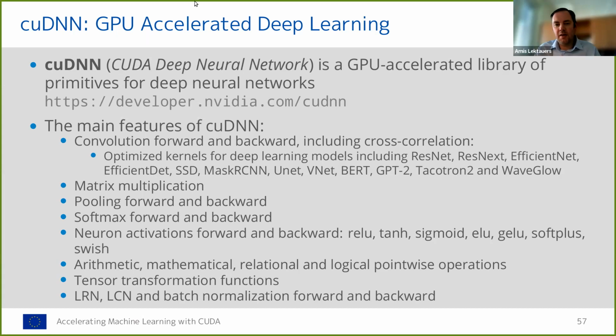So practically, typical building blocks for convolutional neural networks are built into cuDNN, and I have not seen any framework that could implement from scratch the functionality that cuDNN is providing.